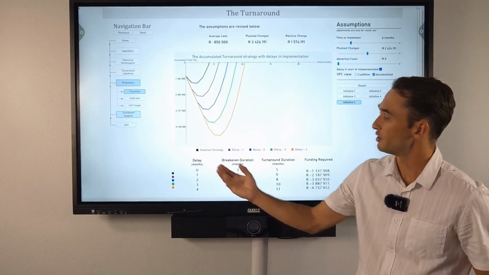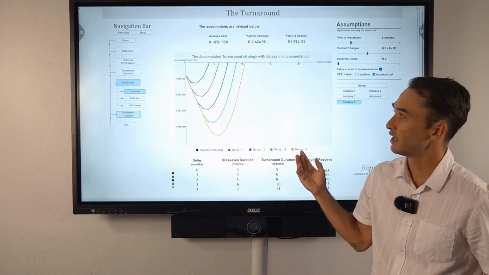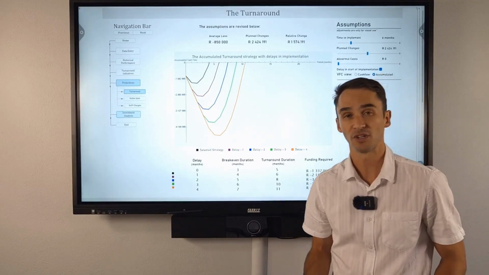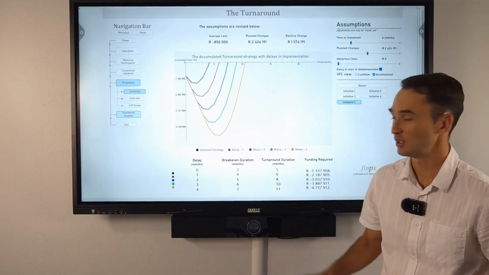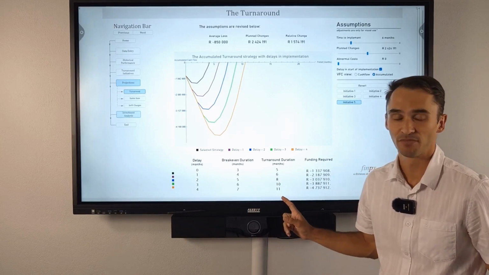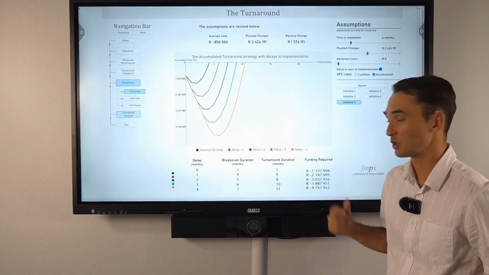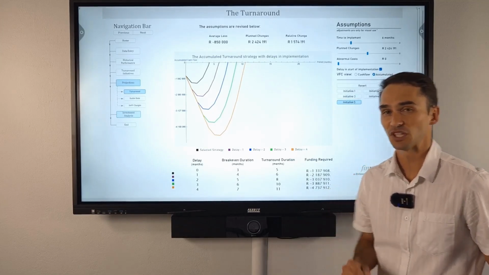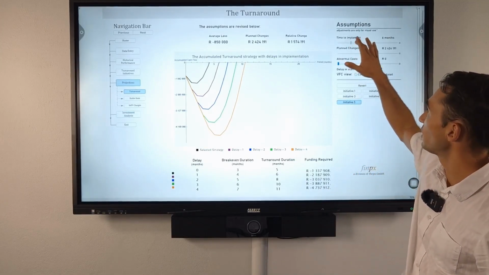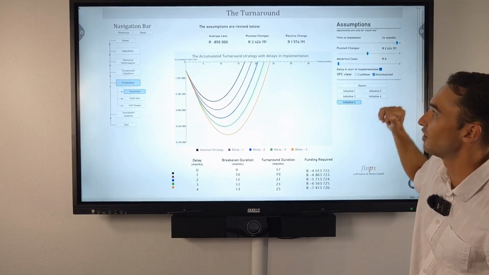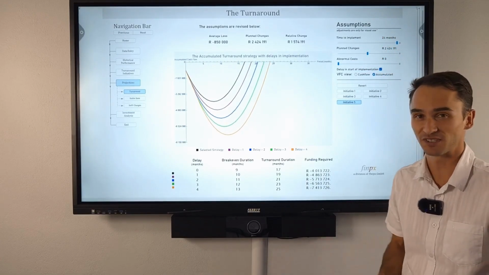Here, the different colors represent delays in hitting their targets. And with a few algebraic expressions, we can quickly determine when the company will break even, how long it will take to turn around, and most importantly, what it will cost. And the magic? With a simple touch of a slider, we can showcase the implication of not hitting their implementation targets.